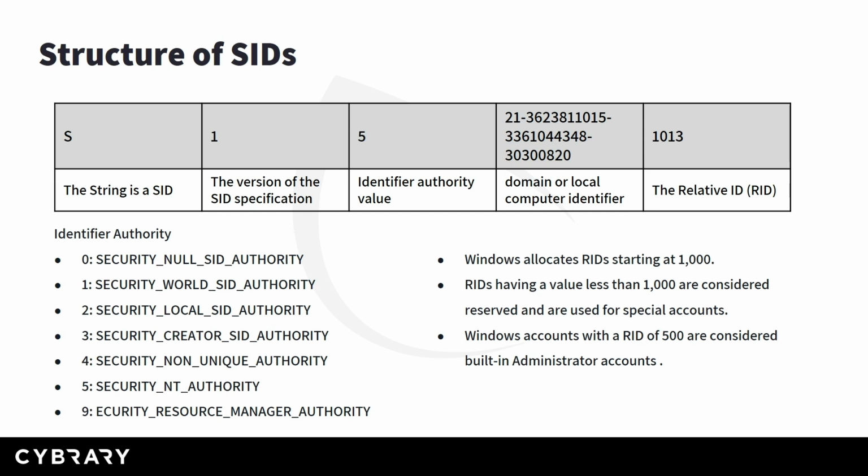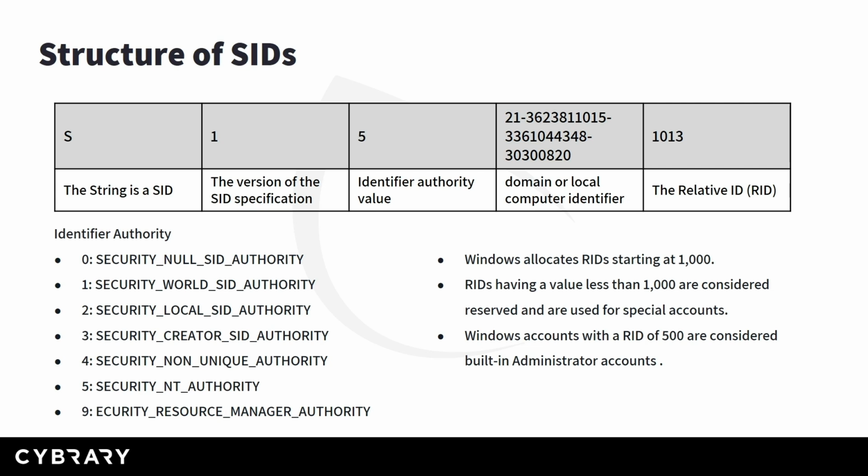The value 5 corresponds to Security NT Authority, which describes accounts that are managed by the NT subsecurity subsystem. And with identifier authority value 9, we have the Resource Manager Authority, which is used for third-party resource managers.